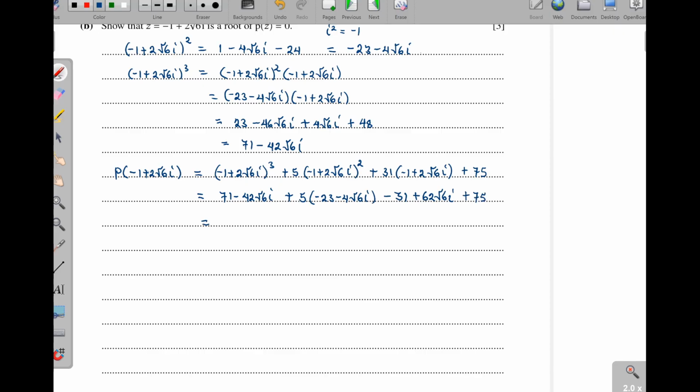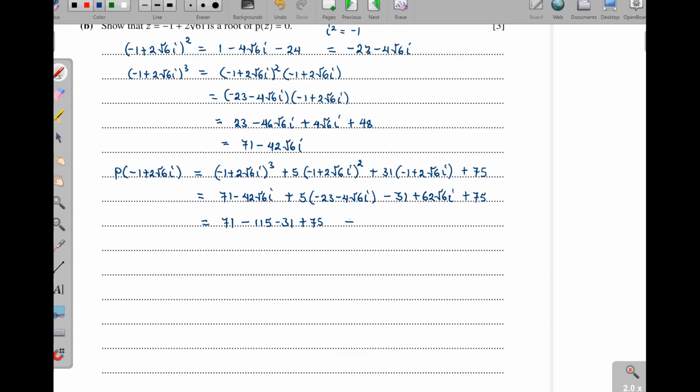And then let us get the real part separated from the imaginary part. So we have the 71 here, then 5 times this, that one will be a negative 115. And so then there is this minus 31. Then there is this 75.